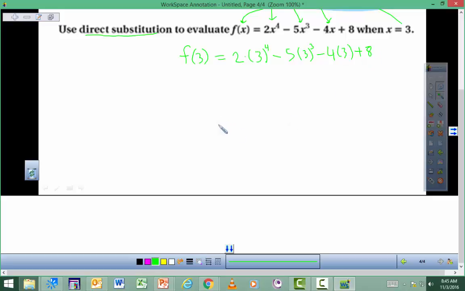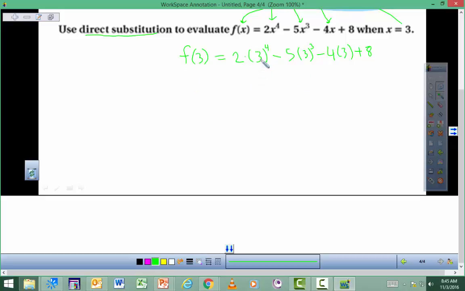Okay? So this isn't terribly hard, but it's easy to make a mistake. My friends, when I give you a test problem like this on the test, please don't miss it. Wow. It's just too easy. Come on, all you do is plug the number in, see what you get.